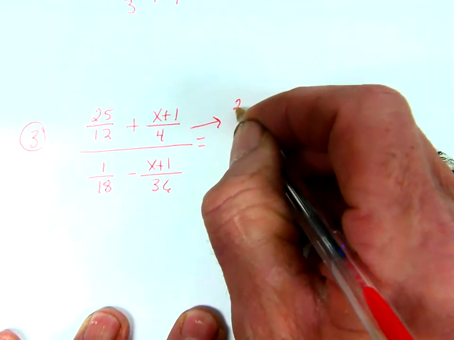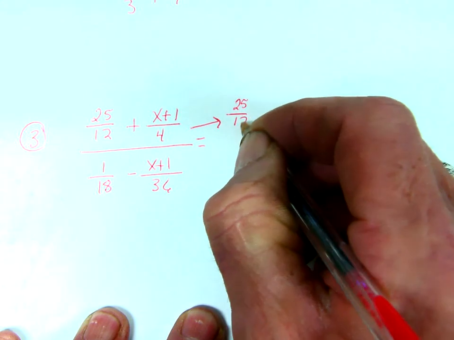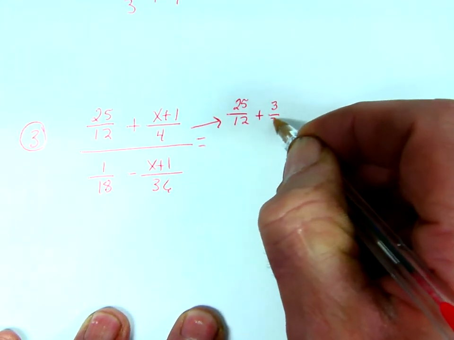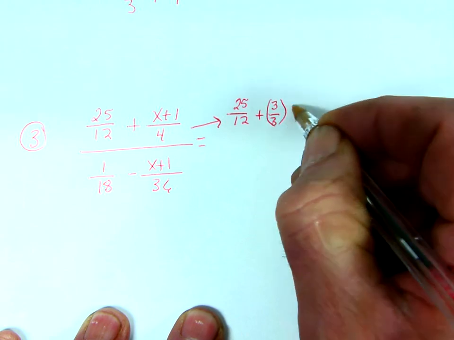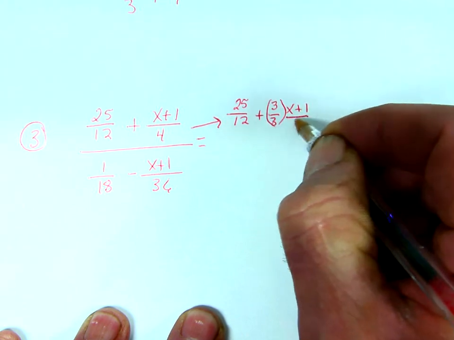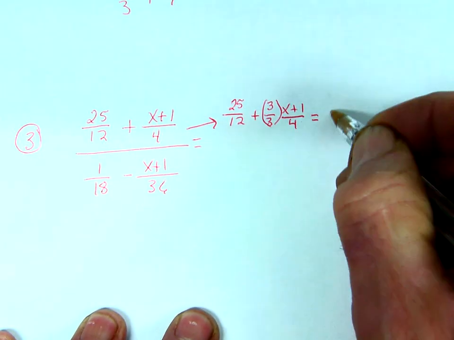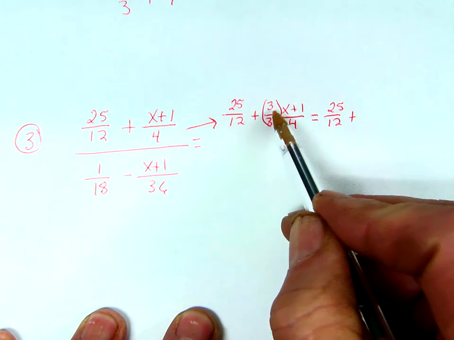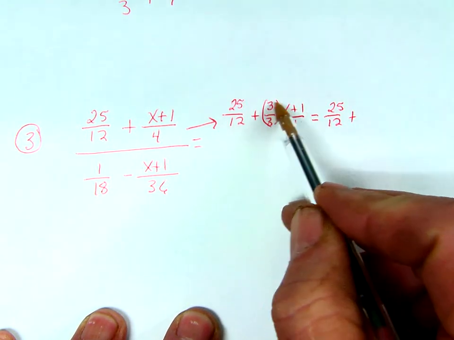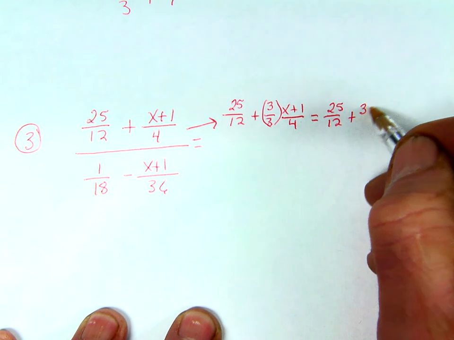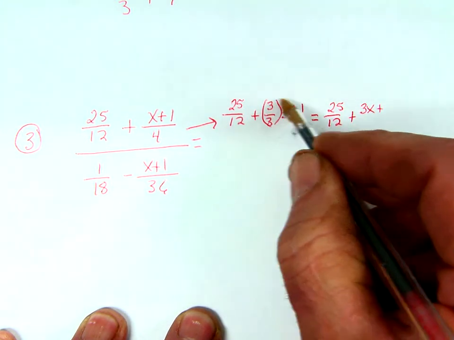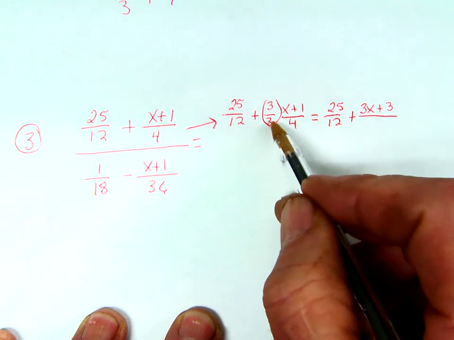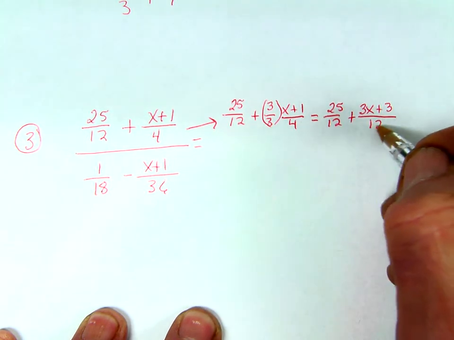So we have 25 over 12 plus 3 over 3 times x plus 1 over 4. So 25 over 12 plus, do the distributive property, 3 times x is 3x. 3 times 1 is 3. And on the bottom, 3 times 4 is 12.